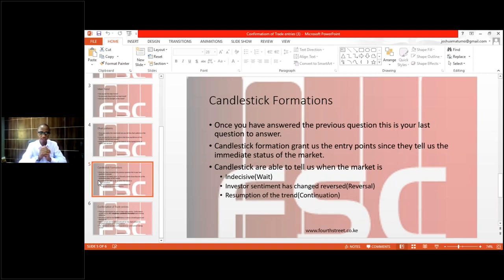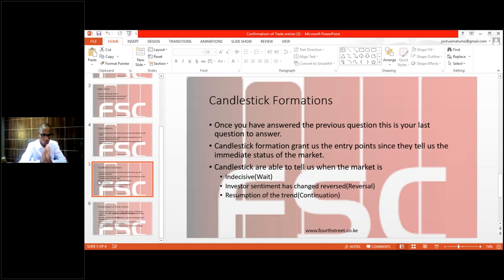Probably the market is in a stagnant or ranging mode, and it's not clear for us to open a position or to take sides, whether it's the bulls or the bears taking control of the market. And this we get from analyzing the shapes of different candlesticks, whether it's the tail, whether it's the body, just the different candlestick formations that happen in our forex charts.